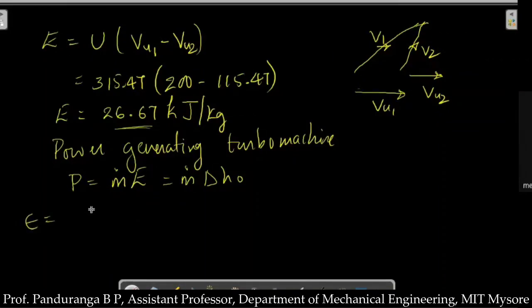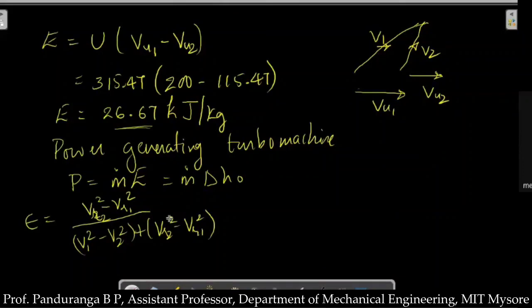So it is static component VR2 square minus VR1 square divided by V1 square plus, V1 square minus V2 square plus VR2 square minus VR1 square. So if you want to use this formula, then what you have to do is you need to find out VR1 as well as VR2.